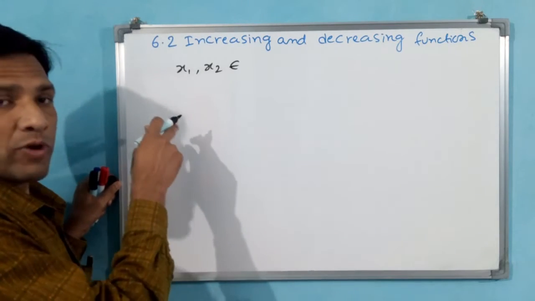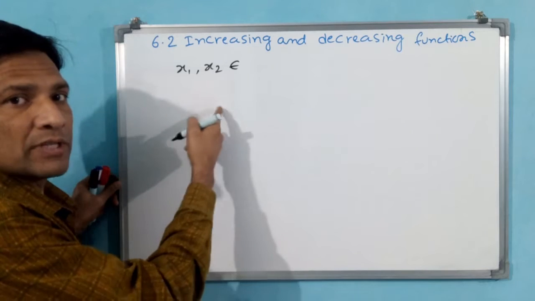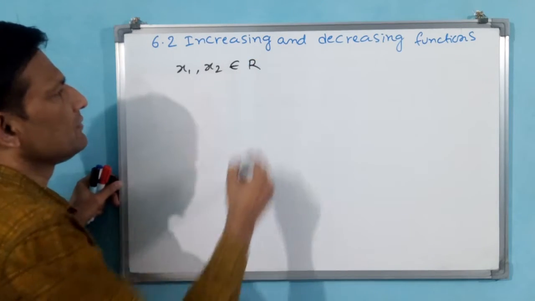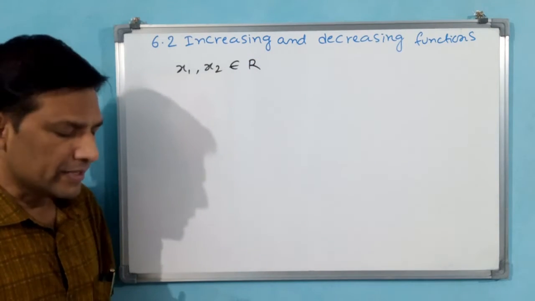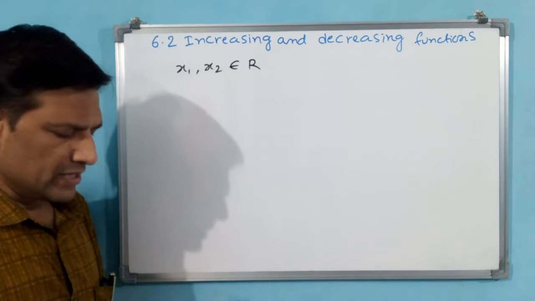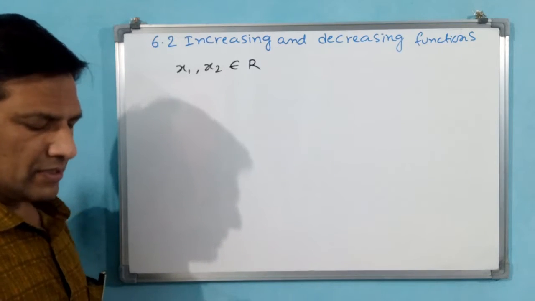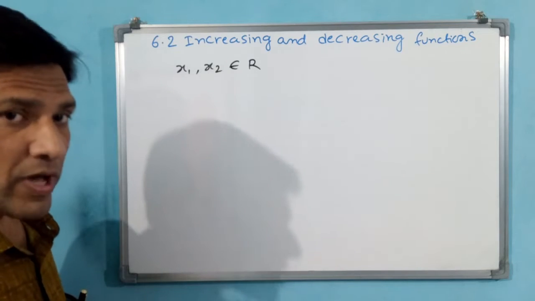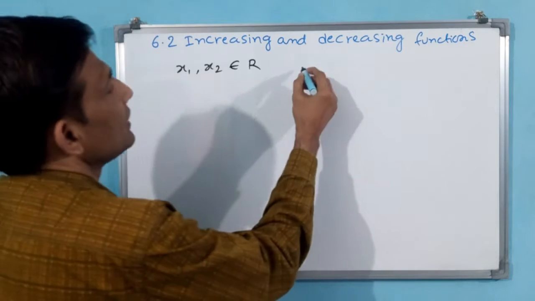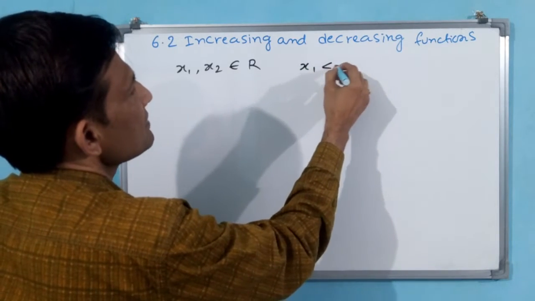Here we are taking two values. What are these values? x1 and x2. These are real numbers only. x1 and x2 you are taking in any function. See how we are taking: x1 is less than x2.